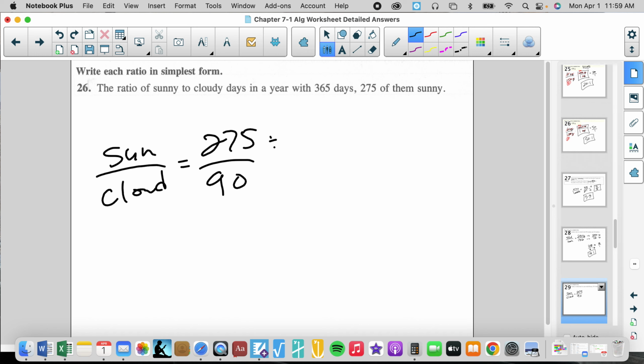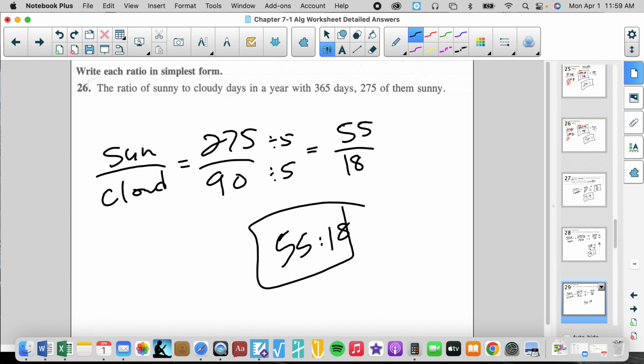And we can reduce that by 5. 5, 6, 5, which gives us 55, and that gives us 18. I think that's 18. Should be 18. 55 and 18. So 55 to 18 ratio for number 26. 55 to 18, sunny to cloudy.